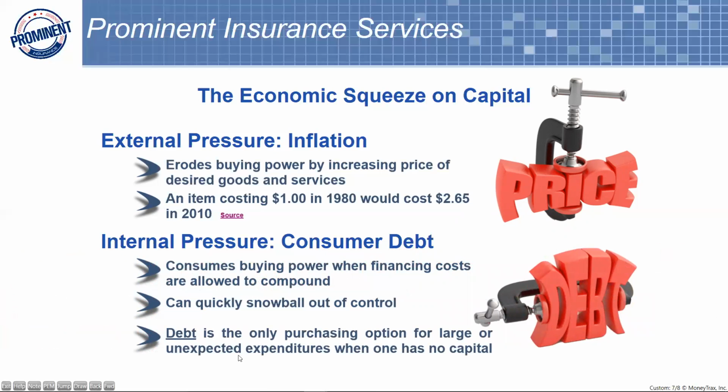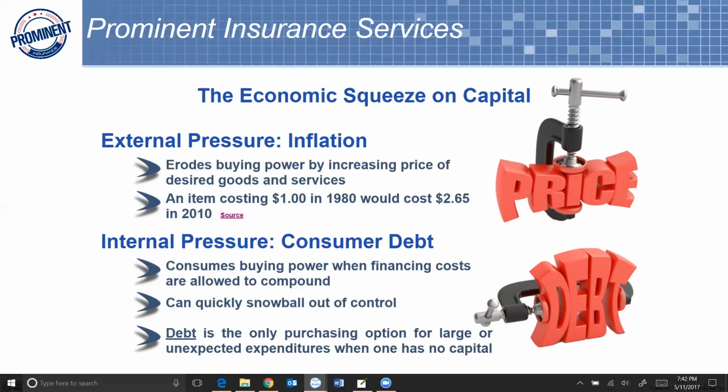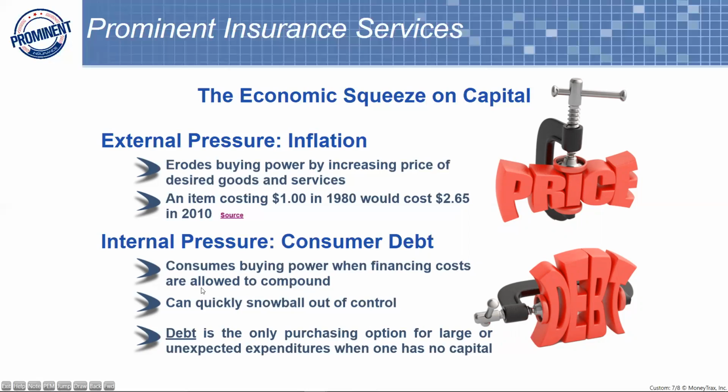And debt is the only purchasing option for large or unexpected expenditures when one has no capital. So as wage earners, we should always plan to save something from whatever we are paid, so we don't have to have consumer debt all the time, and we'll be able to be more efficient with our current monthly income. So that's very important.